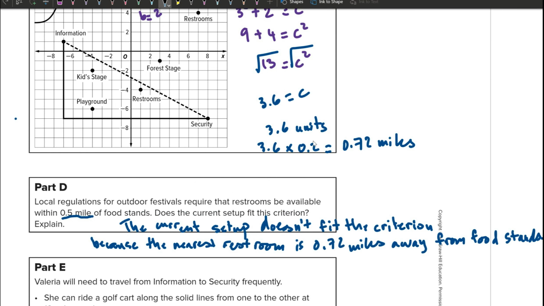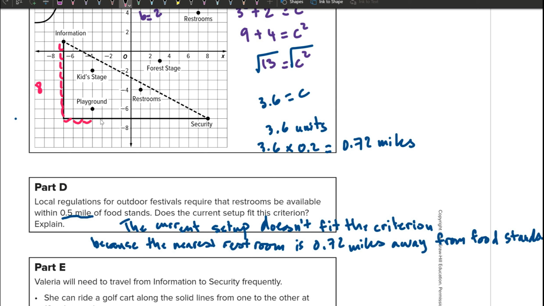All right, so let's see what we have here. If she rides a golf cart, she's going to go around the lake on the right triangle. So what do we have here? We have 1, 2, 3, 4, 5, 6, 7, 8. This is 8.